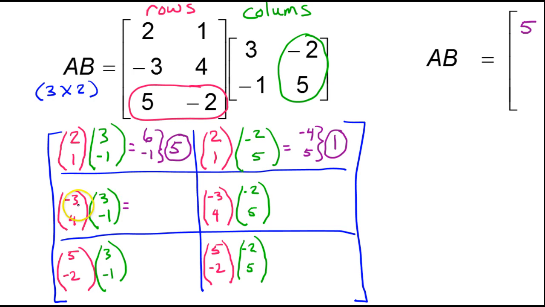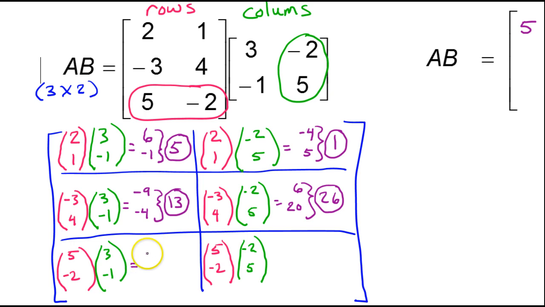Okay, so now I can work very, very quickly. So this is going to be negative 9 and negative 4. Put these together, and that's 13. Okay, this is going to make positive 6 and 20. Put them together, that's 26.